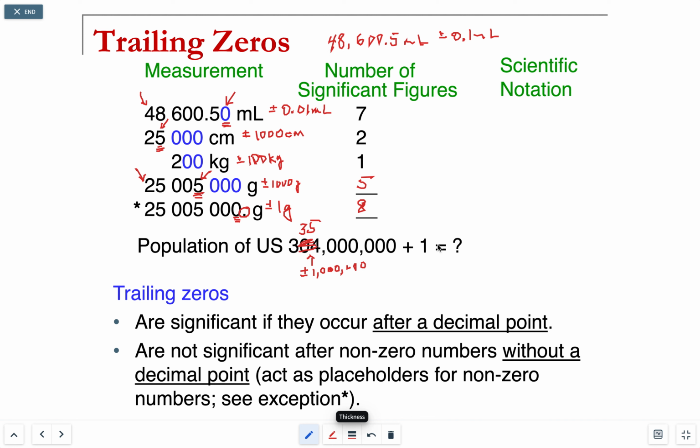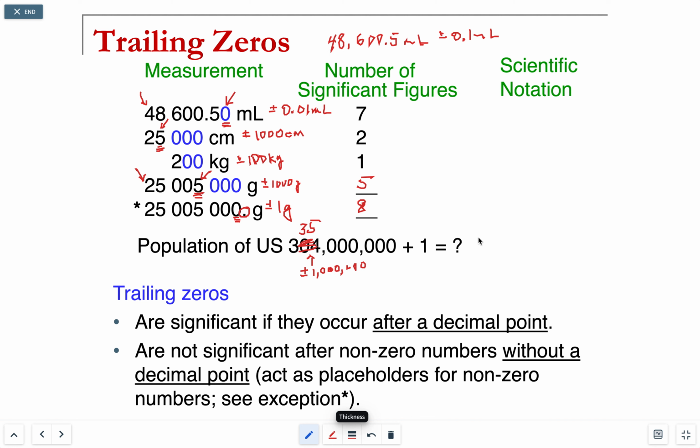Now let's say someone came into the country and the Census Bureau counted it. Would it make sense, when we do this calculation, to write 335 million and 1? I want you to think about it for a minute. This value is good to 1 million. Adding a single entity to a number that's uncertain to plus or minus 1 million is not going to change the information content in this value.